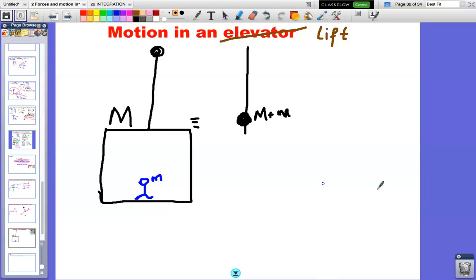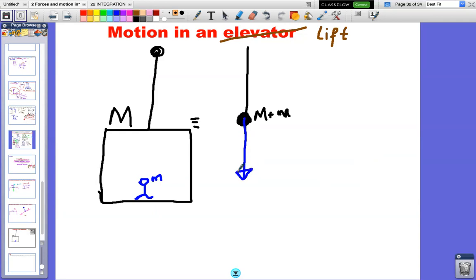I need you guys to name some forces that are acting. Ruby, one force. Gravity. Use the proper word. Use another word. Weight. Which direction is weight acting? That's downward. Weight is acting vertically downwards.